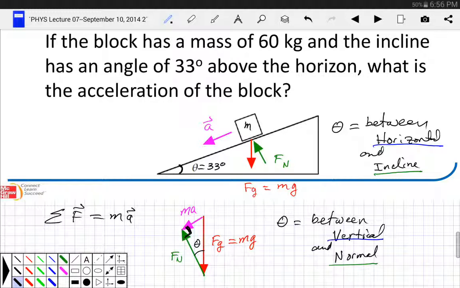So with that as a right angle, this angle known, I look at the sides I have information about. Notice force of gravity, which side of the triangle is that? It's the hypotenuse. The mass times acceleration is the opposite side.